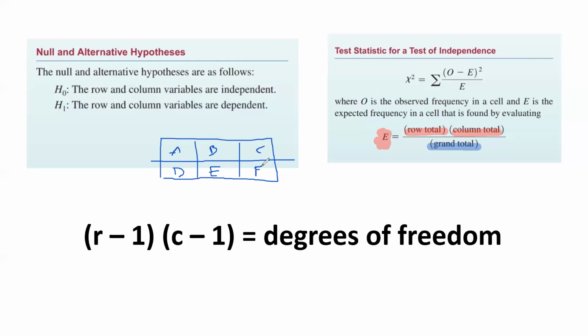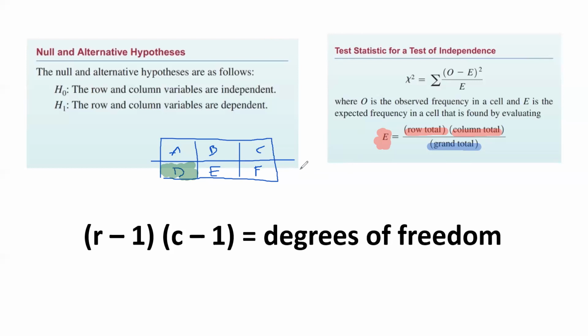But if I'm doing the row total for an expected value, let's say I do this in green. I want to get the expected value of this right here. We are going to take the row total and multiply that by the column total. Now, how do we get the row total?